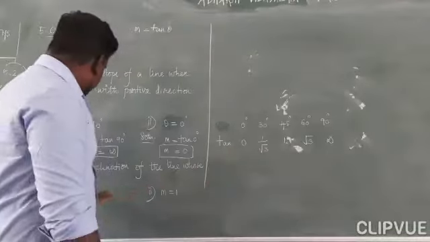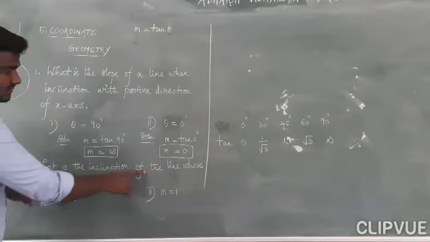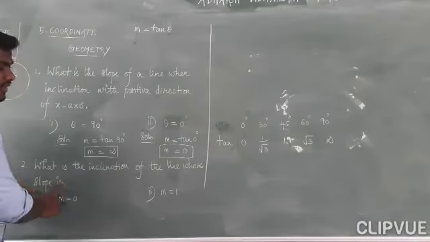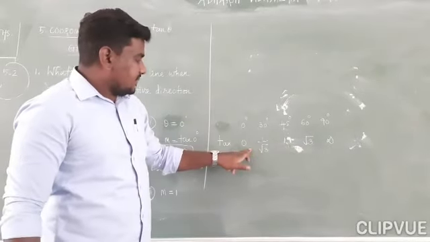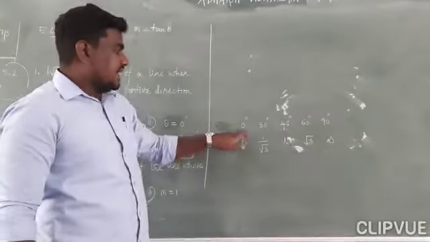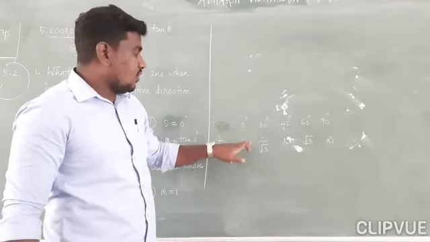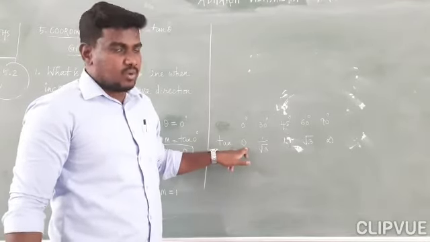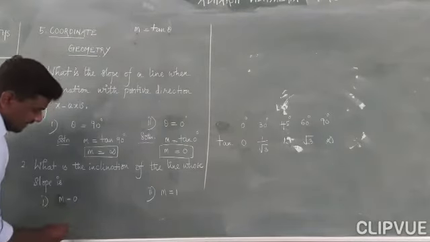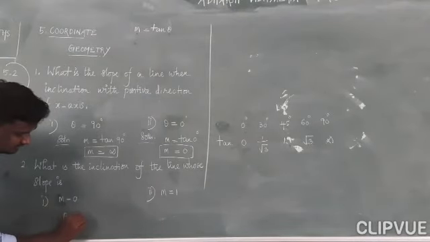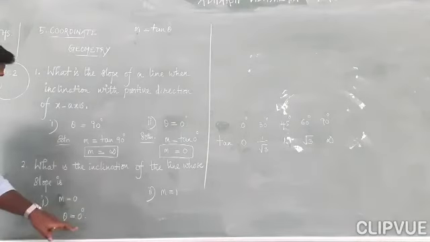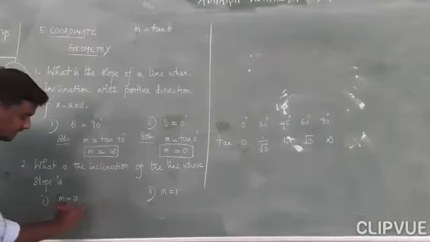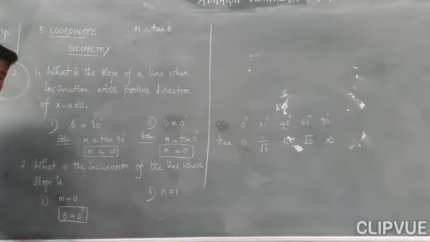Here the question is, what is the inclination of the line whose slope is 1? The slope means the respective values. If theta equal to 0 degree, then slope m is equal to 0. Therefore, the angle of inclination theta is equal to 0 degree. They ask to find the angle of inclination, so we must write theta, which is equal to 0 degree.